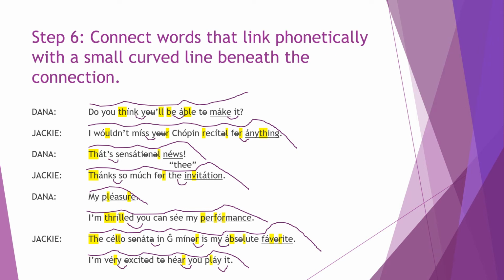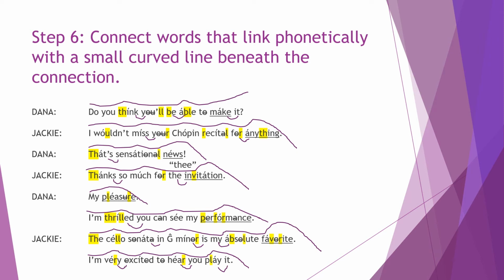Step 6. Remember that English sentences are pronounced as a continuous stream of sound, which means linking words together. Drawing a small curved line between each connection can help you remember this.